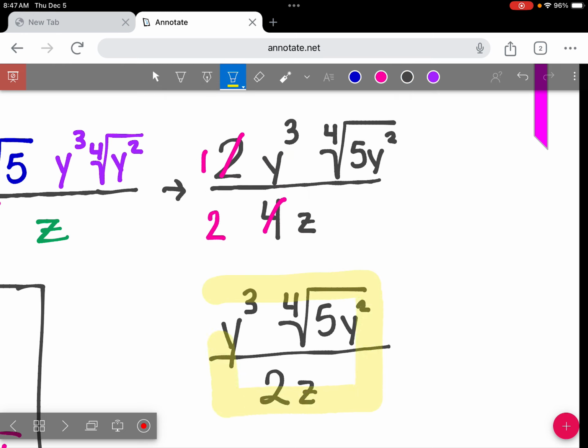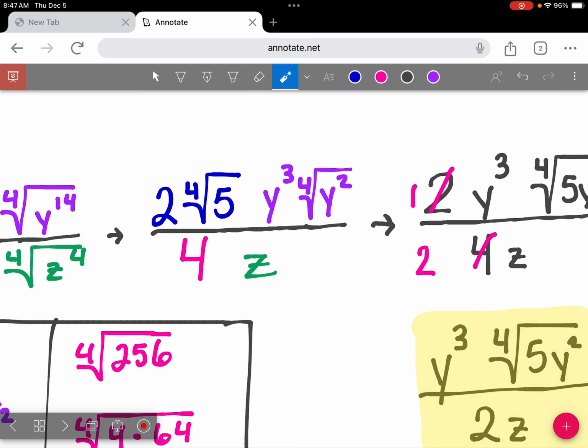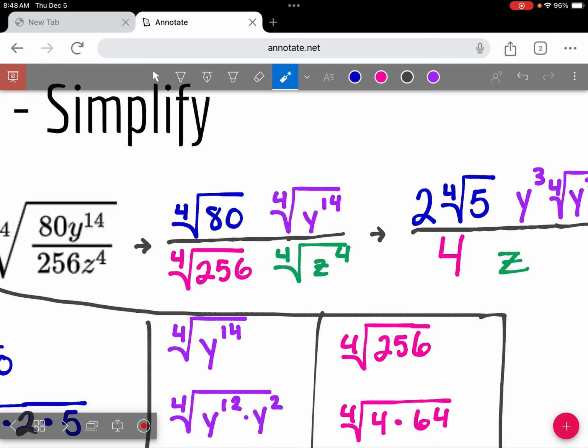So if we can simplify our numbers or our letters, I do recommend you do that. You can also, if we could simplify here, a lot of times we could simplify here. 80 over 256, that does simplify down.